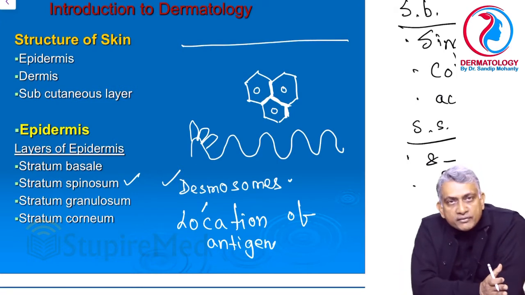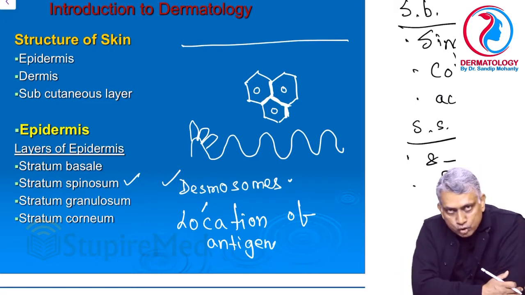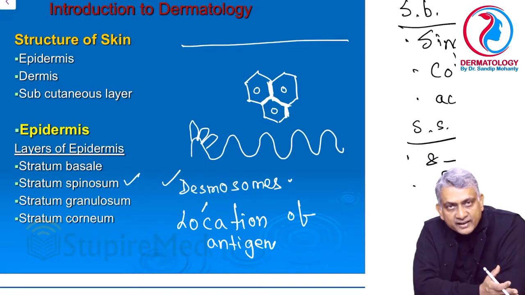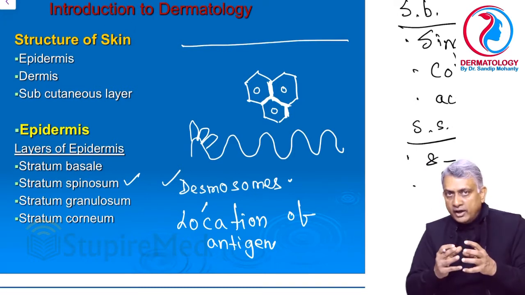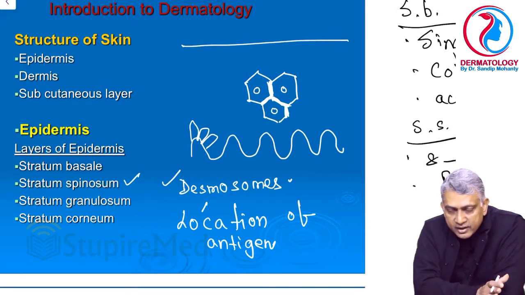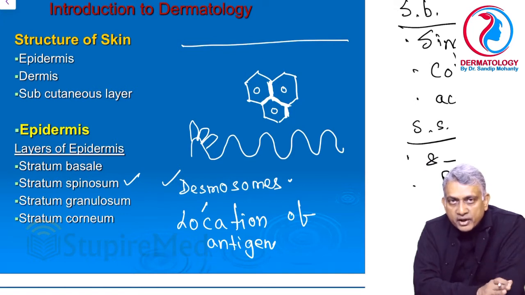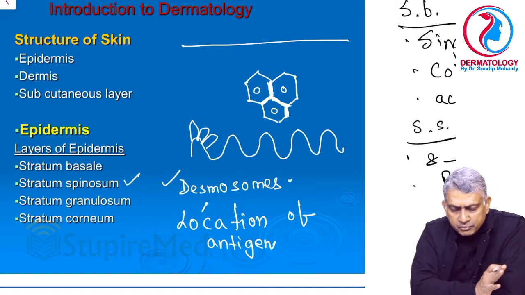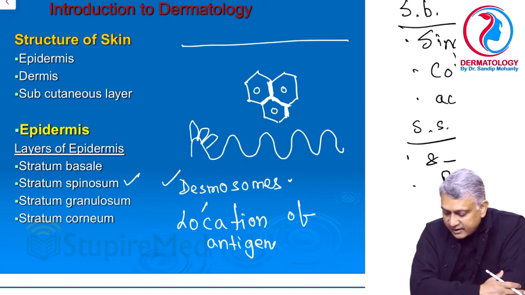Antigen-antibody reaction occurs at this point, which will lead to separation of the keratinocytes, and this separation is termed acantholysis. We'll talk about pemphigus in detail later in our lecture, nothing to worry. Just remember one point: the location of antigen in pemphigus is in desmosomes.